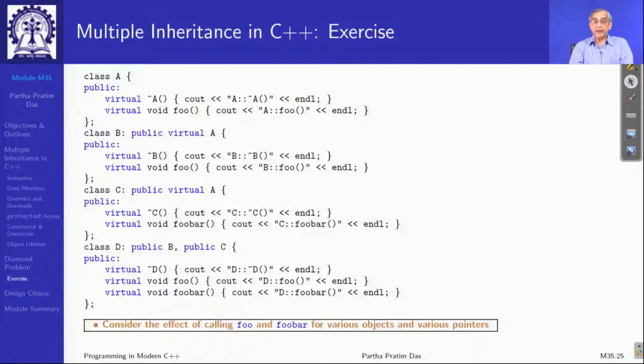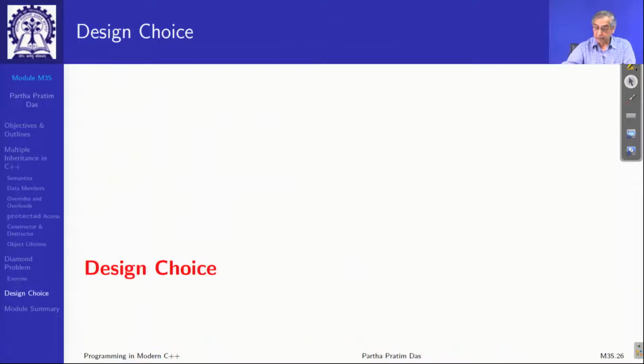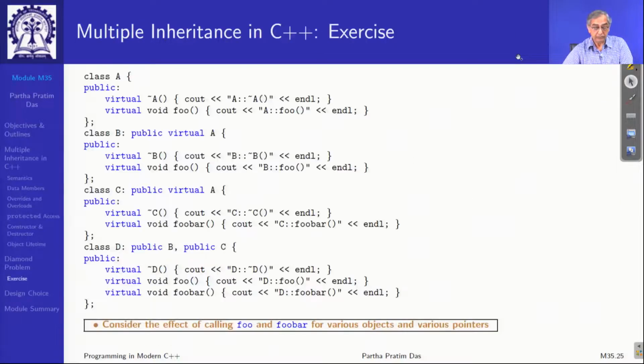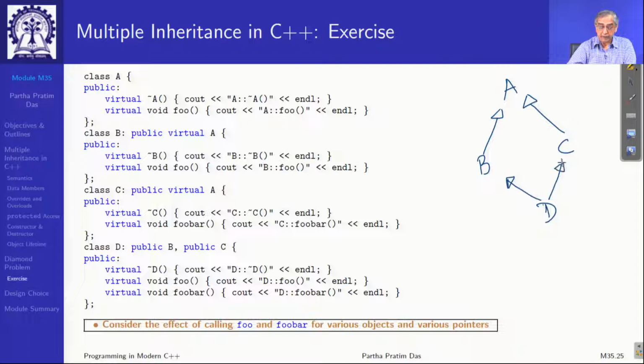Here I leave you with an exercise where I have a multiple inheritance scenario where you have a diamond and we have different functions foo and foo bar in the context of these classes, and you have to create the objects A, B, C, D and so on, and create different types of pointers and try to access them to see what kind of function binding you actually can get, right.